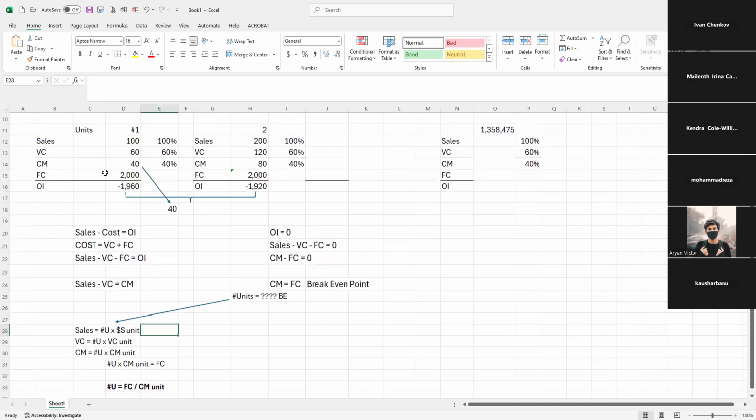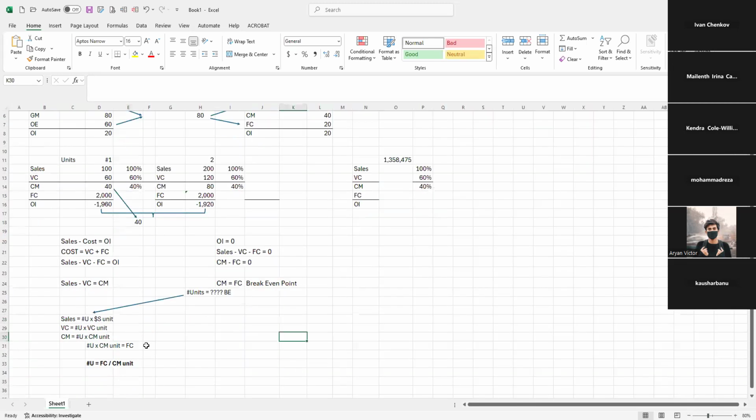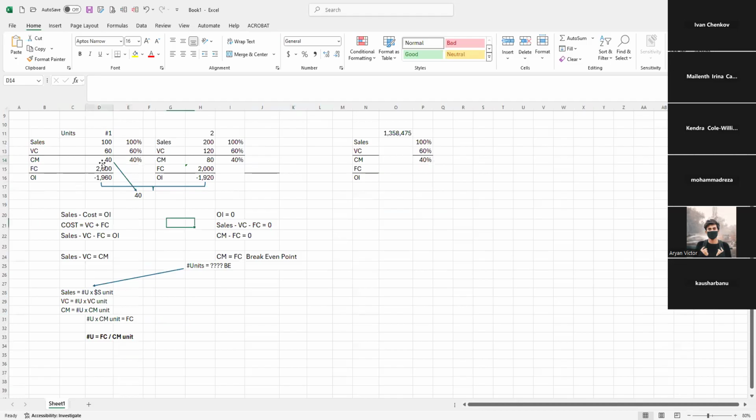So in our scenario here, do we have contribution margin per unit? Obviously we have it. Our contribution margin per unit is equal to $40. Do we have a fixed cost? Yes, we do. Fixed cost is equal to $2,000. So can I calculate how many units I need to sell in order to cover my fixed cost?